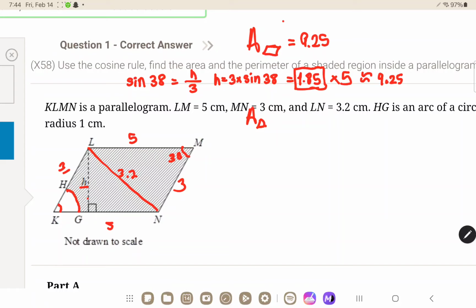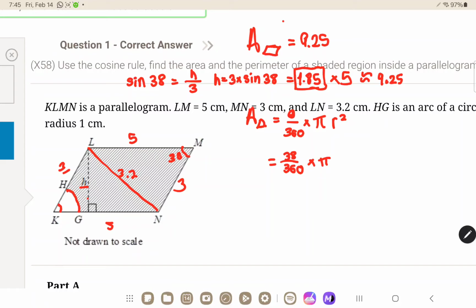Now to find the area of an arc, we need to use theta over 360 times the area of a circle, which is pi r squared. Now let's substitute. It's equal to 38 over 360 times pi times 1 squared. We can remove the 1 squared because it's just 1.